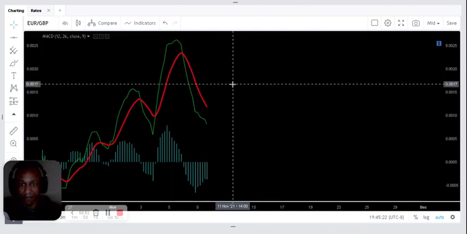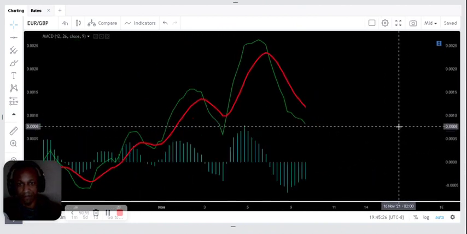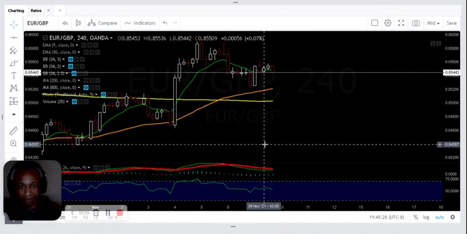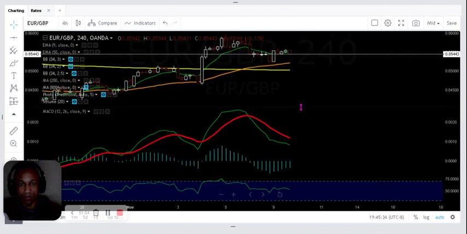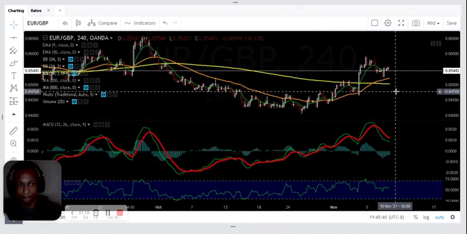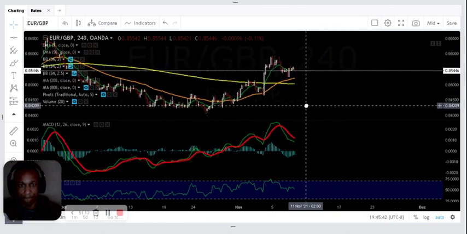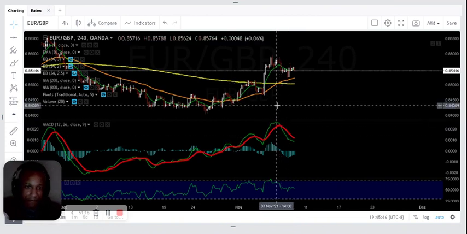But look at the MACD. Looks like we may have divergence. No, let me see. No, we don't.